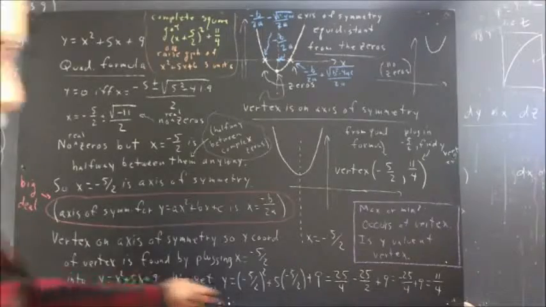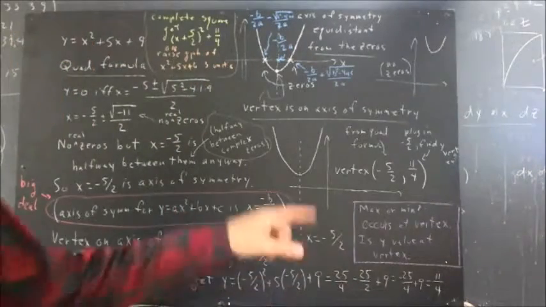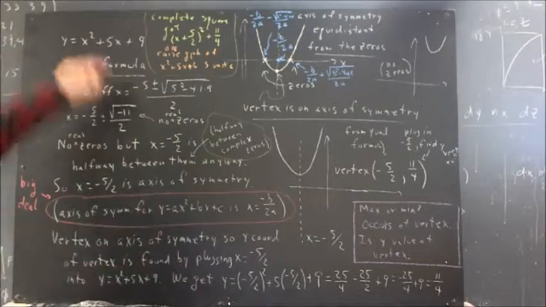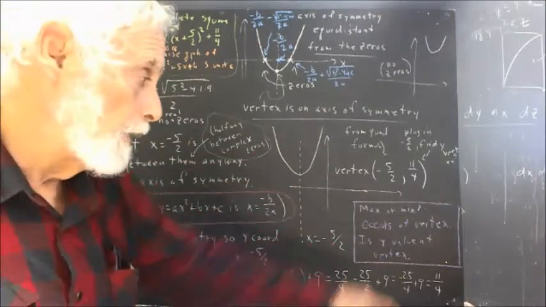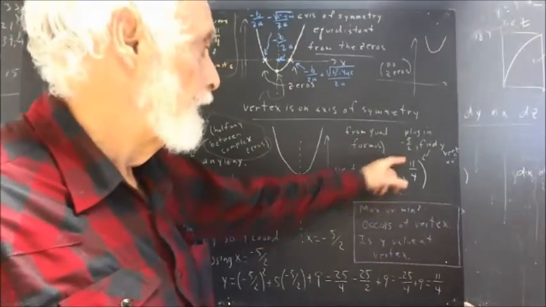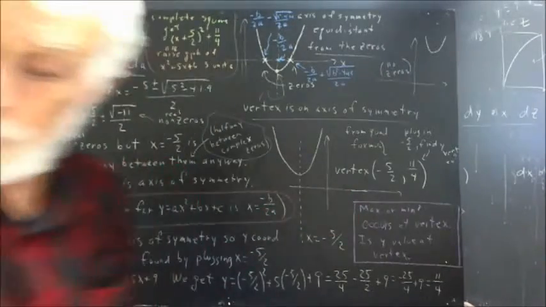We do that, well, right there are the details. We get 11/4. So we just plug negative 5/2 into this function, and we get y equals 11/4, meaning the point negative 5/2, 11/4 is the vertex.